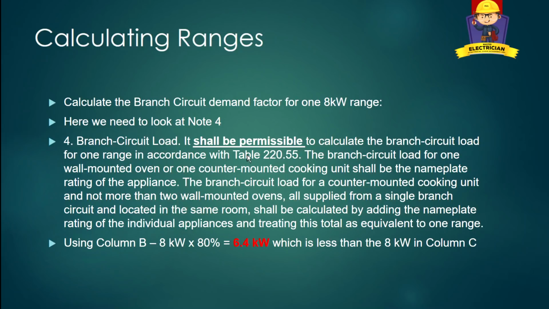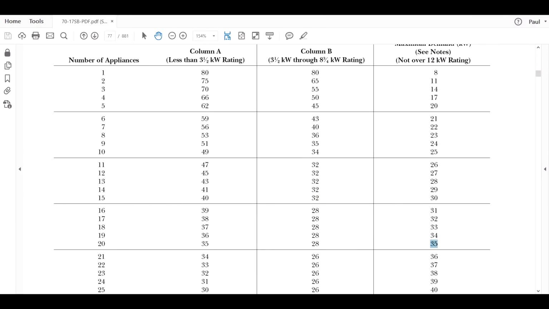All right, so because this is an 8 kW range, we look back at the code, we have to establish which column we can be in. Well, obviously it falls between the ranges here, so we're going to be in column B. Now it's only 1, so we can save some time, and we know 1 is going to have a demand factor of 80%.